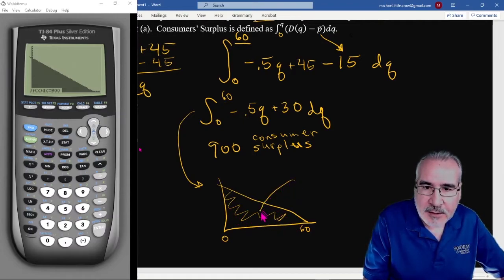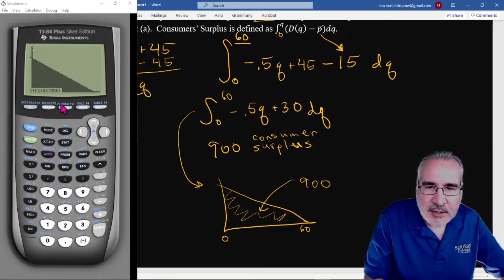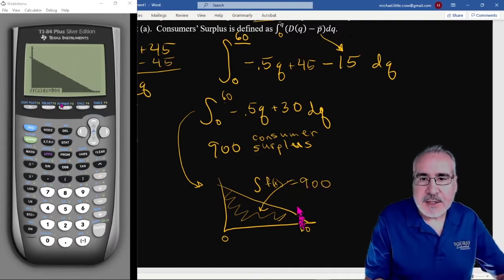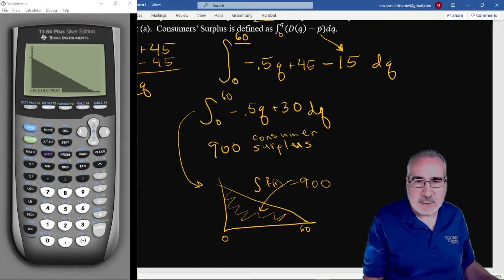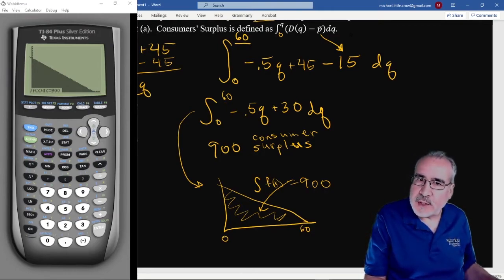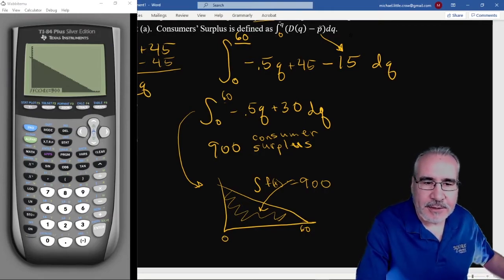The area is 900. You could even see this, so you're just reproducing the integral of f of x equals 900. You show me you used a technology tool, and you were able to get it that way. So just let me know how you calculated this. Thanks.